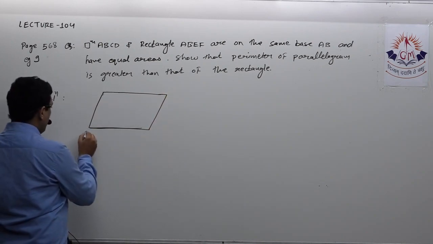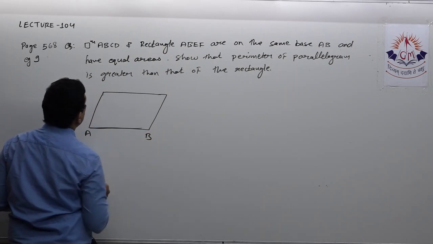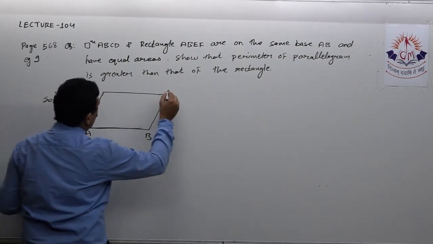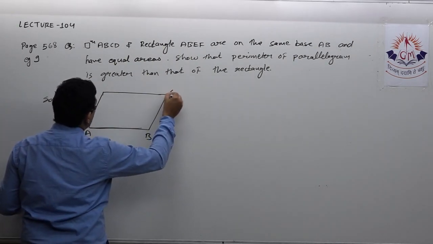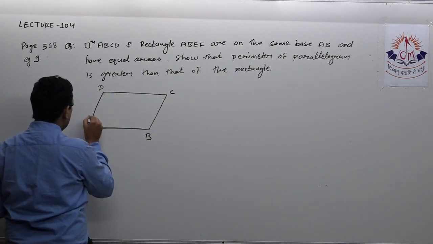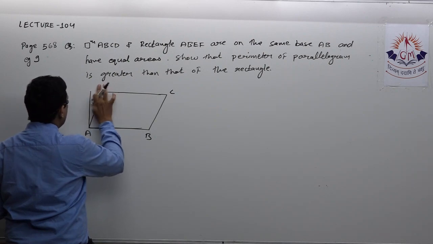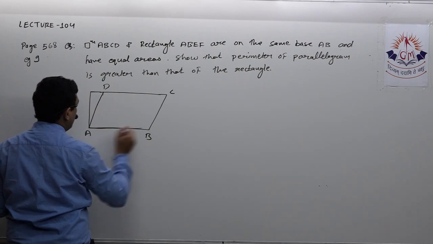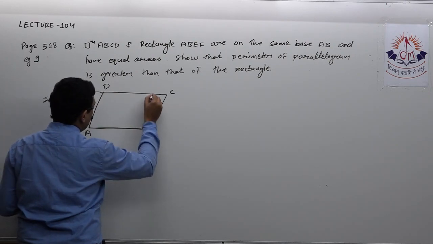This is the parallelogram ABCD, and there is a rectangle in this way, something like this, that is ABEF.